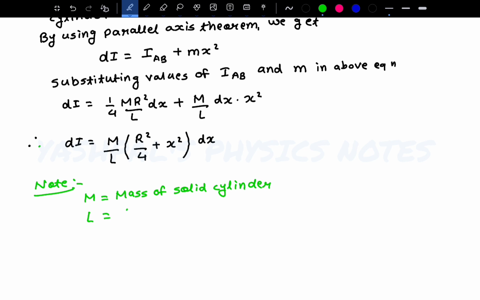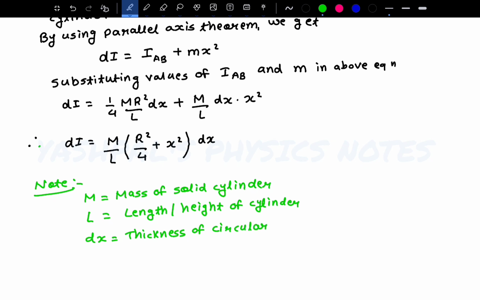L is the length or height of the cylinder. dx is the thickness of circular disc.